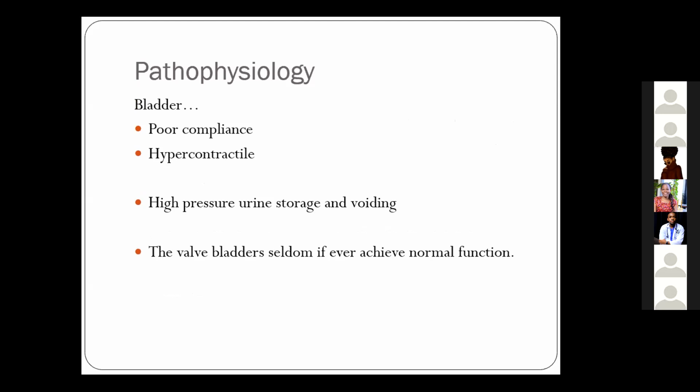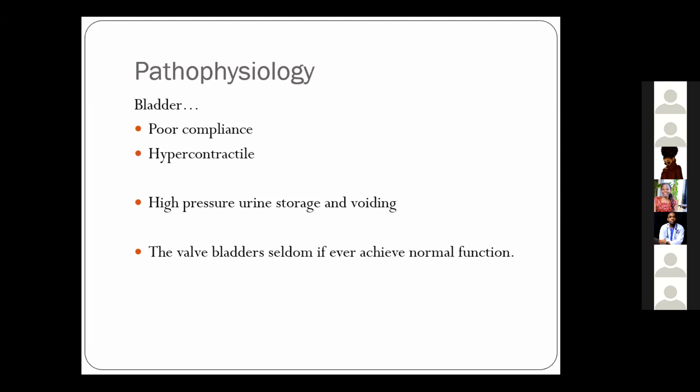So in the bladder, we already said there will be poor compliance, poor contractility. There's high pressure urine storage and voiding, and of course, the valve bladders will seldom, if ever, achieve normal function.